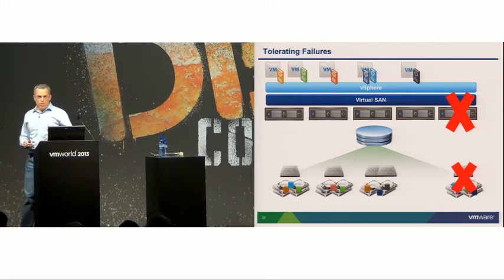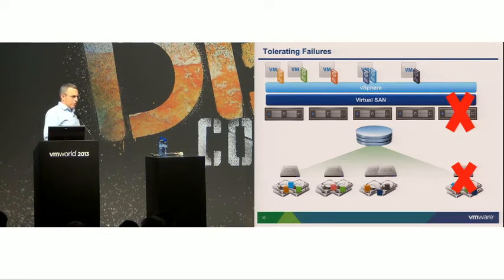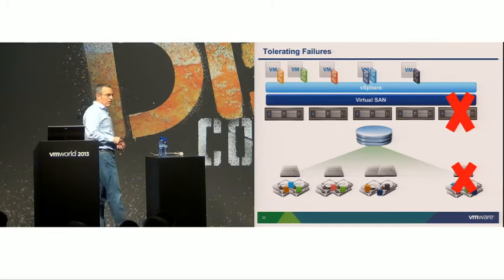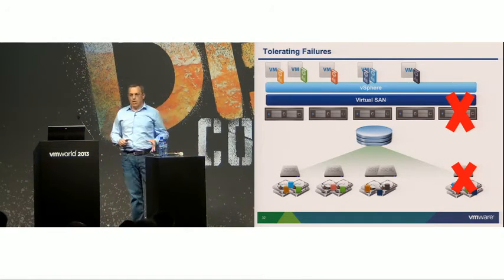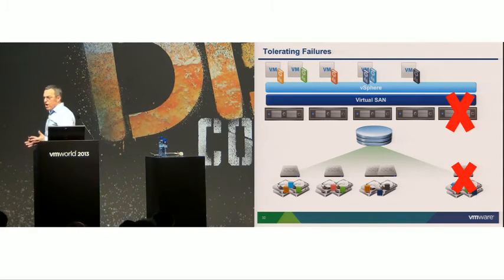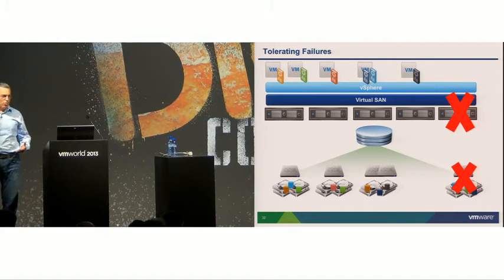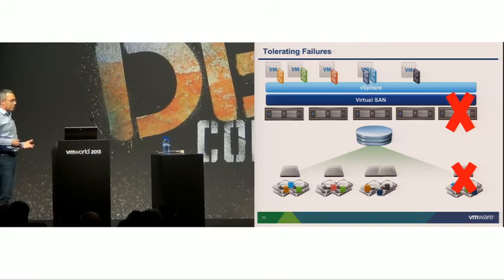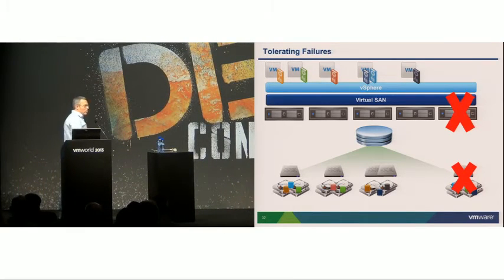As soon as that happens, immediately HA, which as I said works seamlessly with vSAN, will kick in and restart any VMs that went down with that host on some other hosts in the cluster. Assuming that the user has specified sufficient availability, those VMs will still have at least one copy of the data and will continue running. And the same with all VMs in the cluster. No VM should go down or be inaccessible and blocked because that host went down.